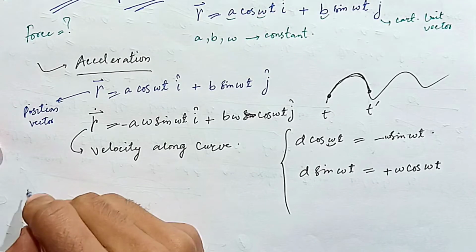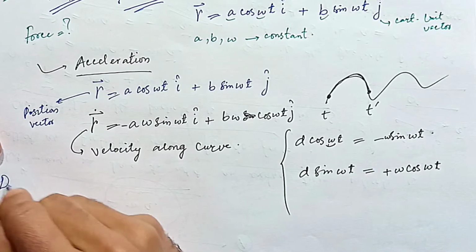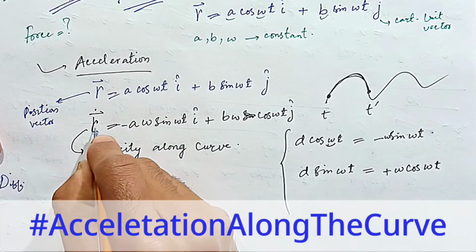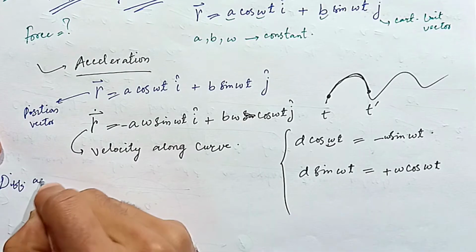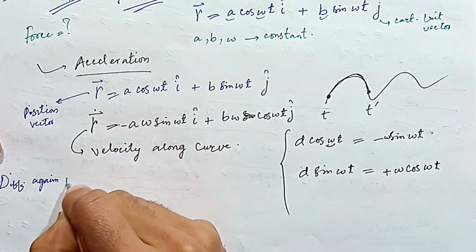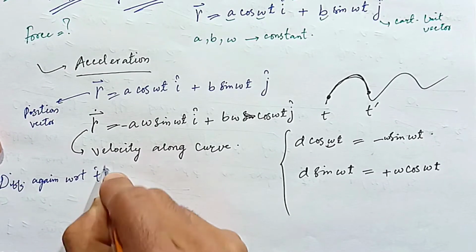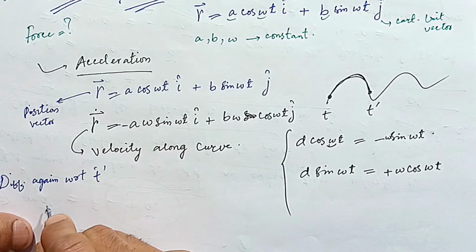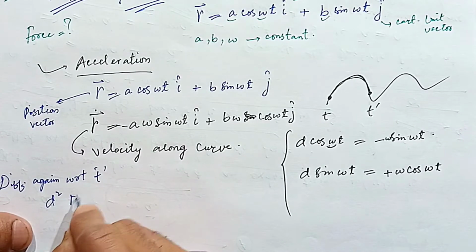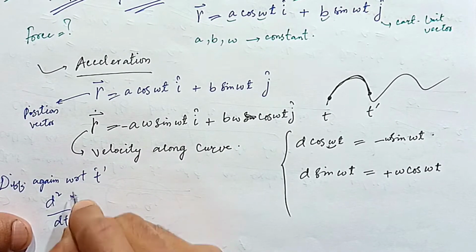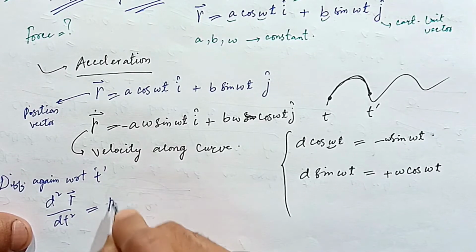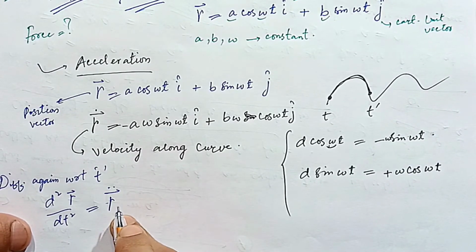So for acceleration, differentiating this equation again with respect to time, d2r by dt squared, that is r double dot, the acceleration.